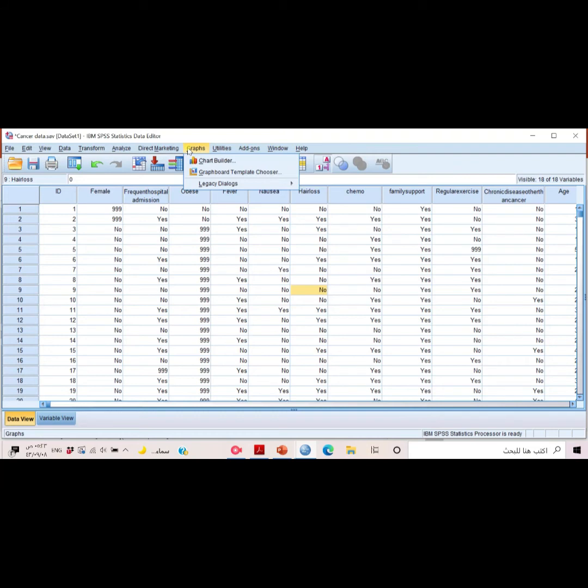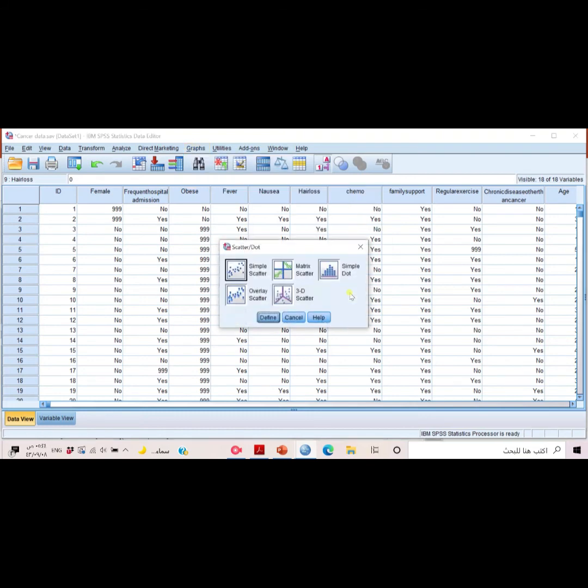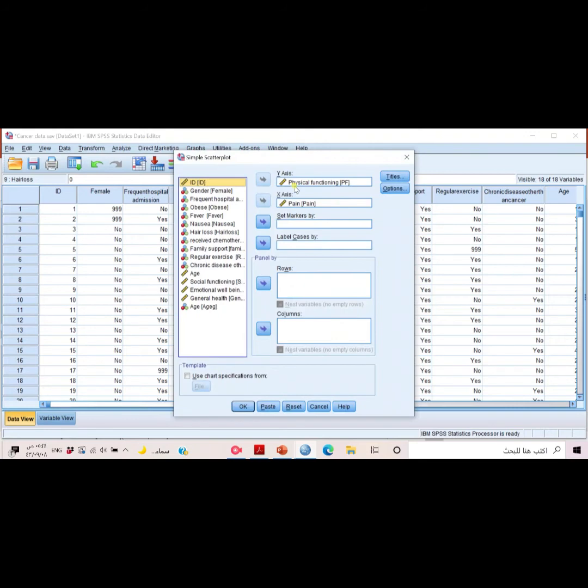Here, physical function is my response or outcome. So I will use a histogram to check whether physical function is normally distributed. When it is, I will move on to see whether there is a linear relationship between the predictor and my response. It's one of the assumptions.